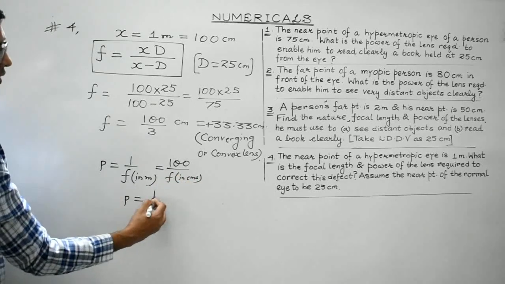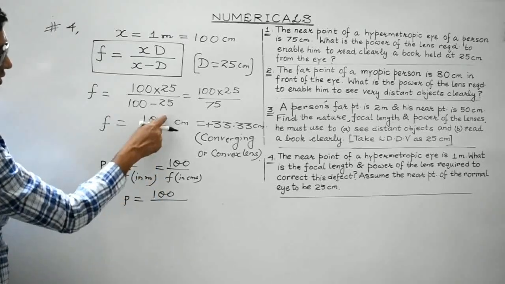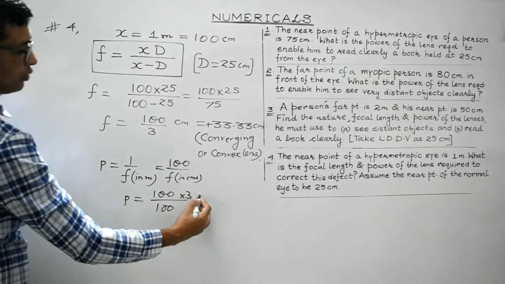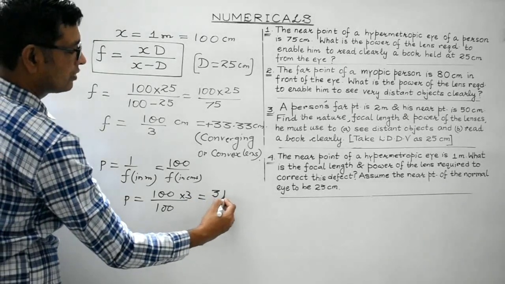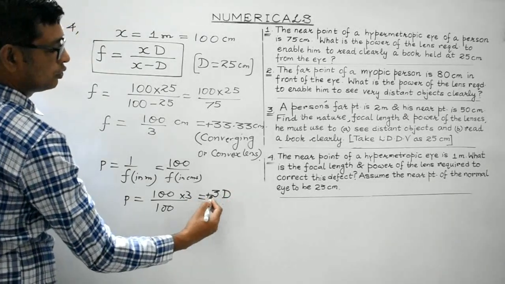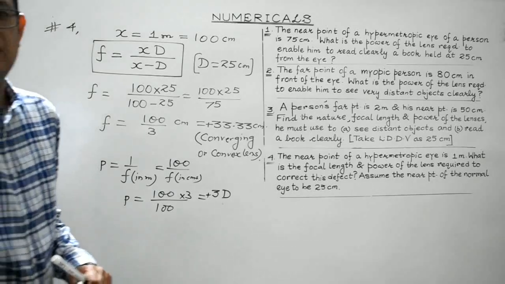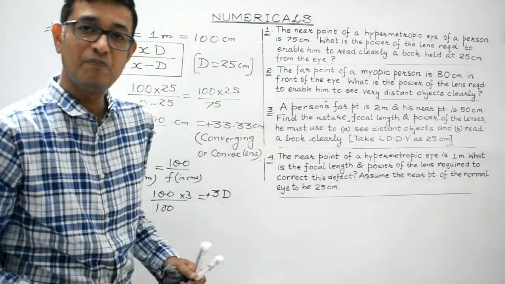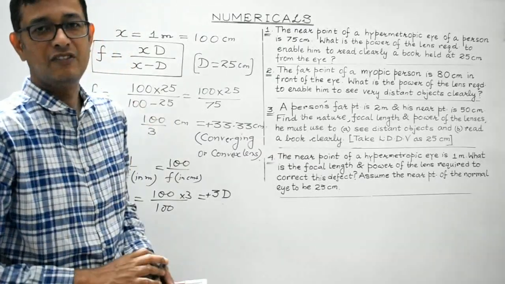So power would be 100 divided by focal length, which is 100 by 3. So 100 gets cancelled, we'll get 3 diopter. So plus 3 diopter. So he needs to make use of a convex lens of power 3 diopter, right?